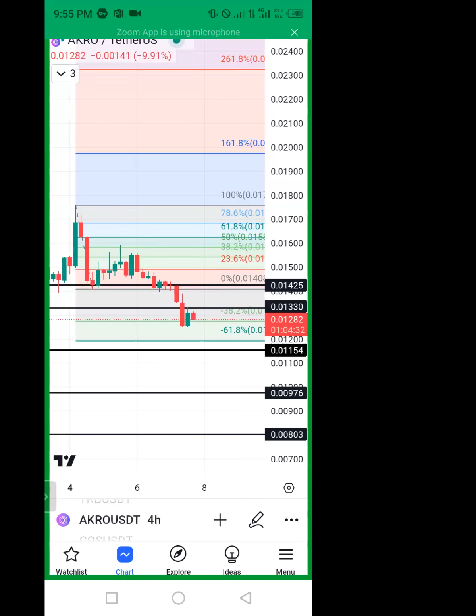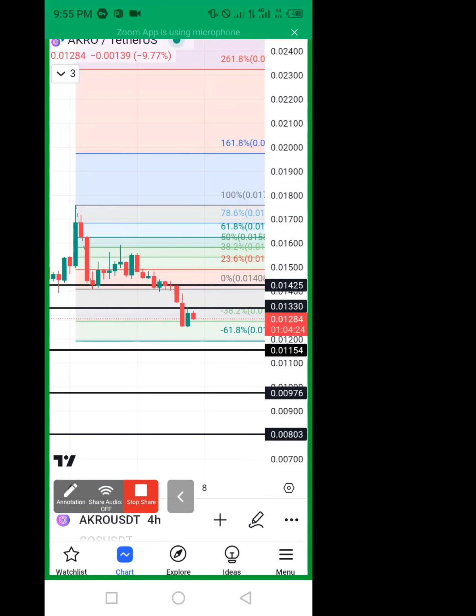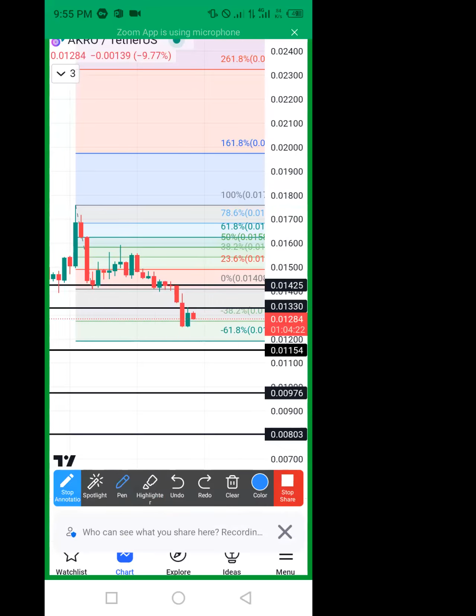Their bottoms are all at the same level. We call that a double bottom.